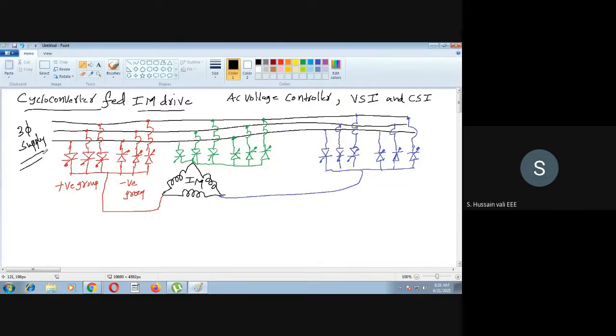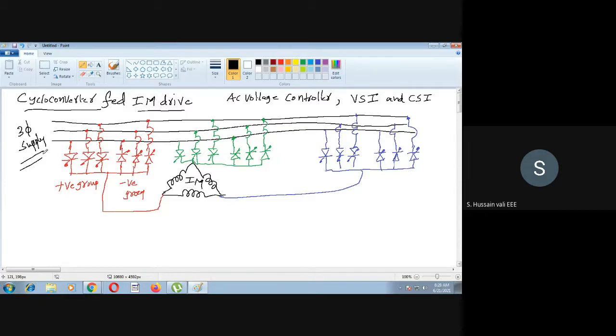It depends on which type of cycloconverter it is, step up or step down. If it is a step down cycloconverter, it is natural commutation, whereas for the step up cycloconverter it is forced commutation.